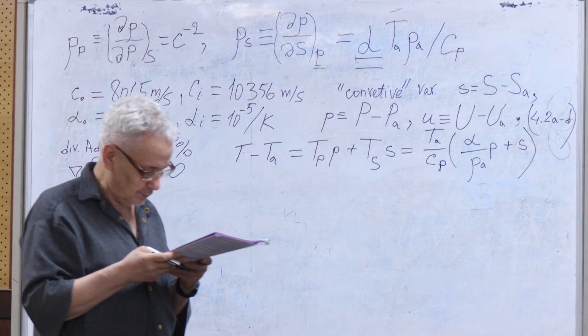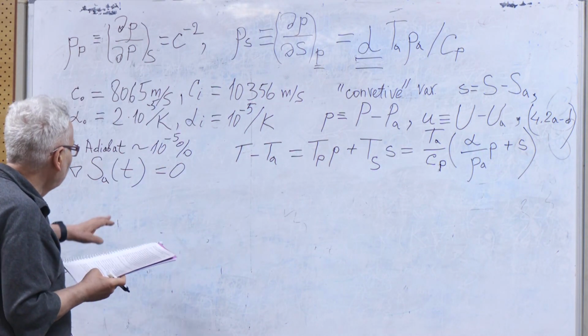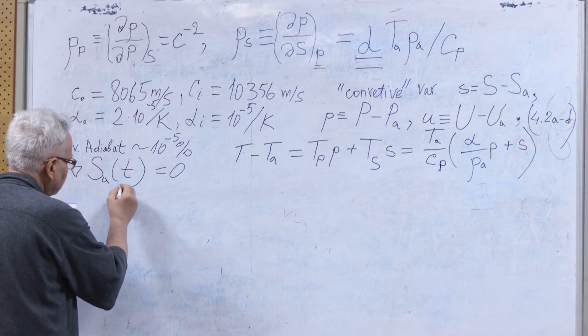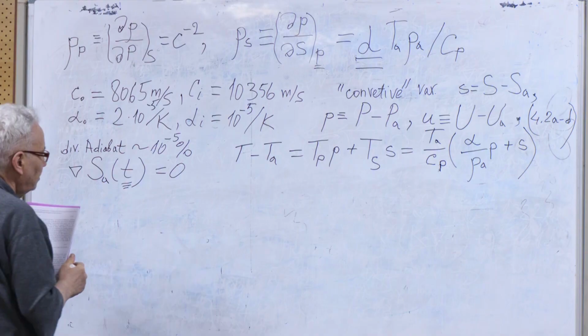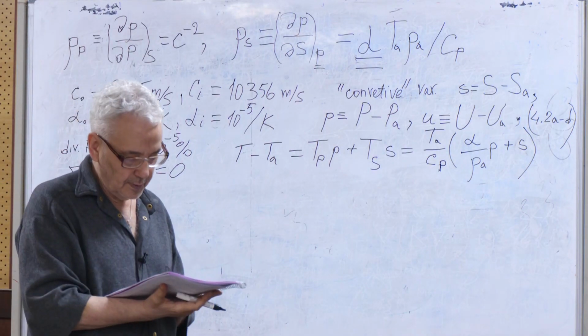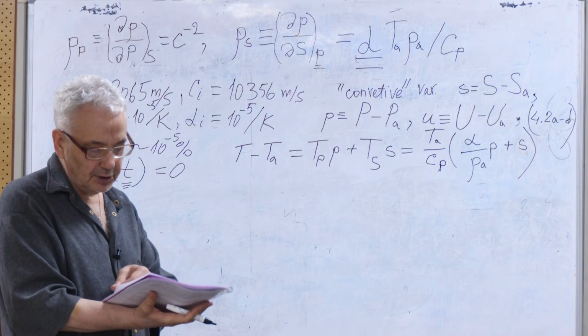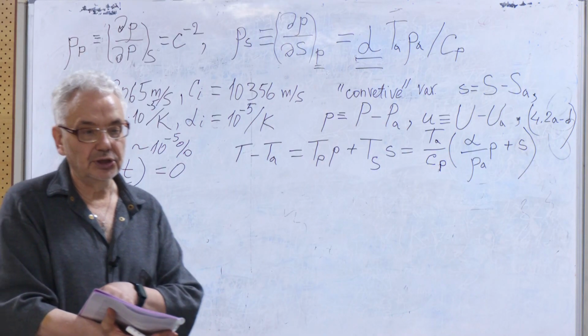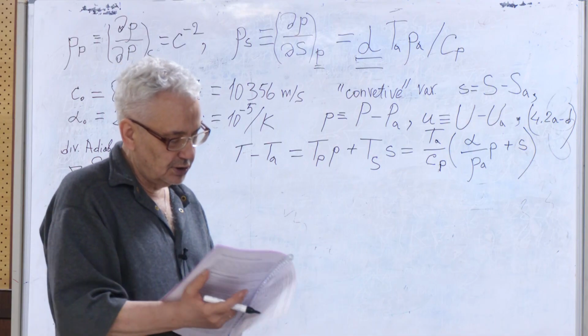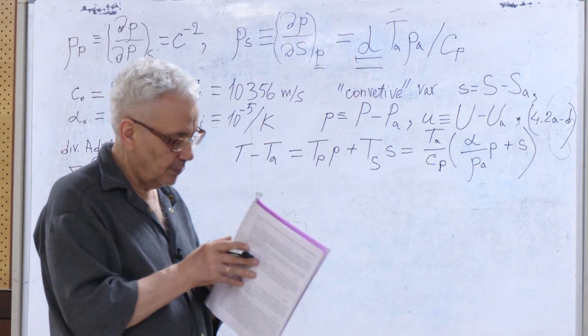So we have only time dependence. Let's just stress it for the adiabatic state. This is a very important point. It's some sort of general statement in the adiabatic approximation, so it exactly depends only on time.